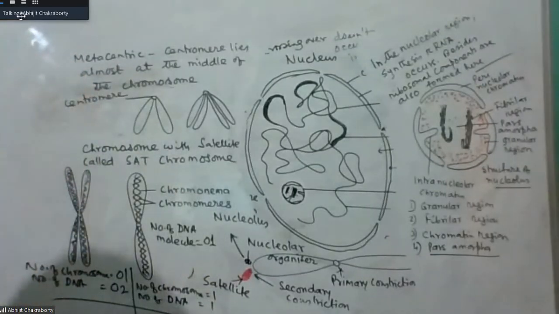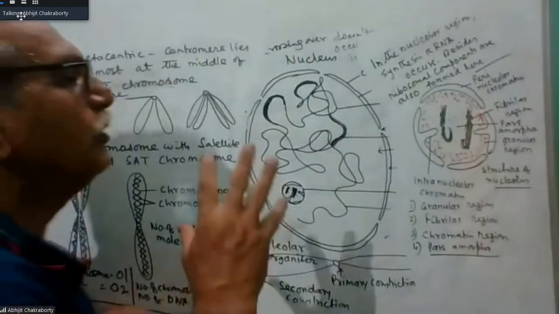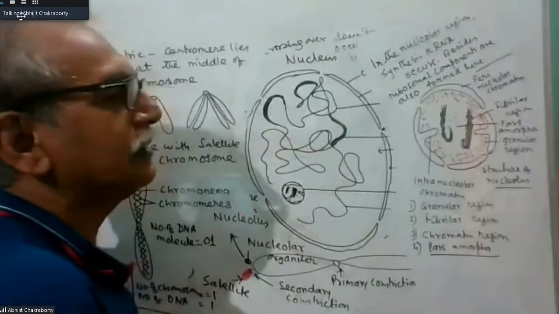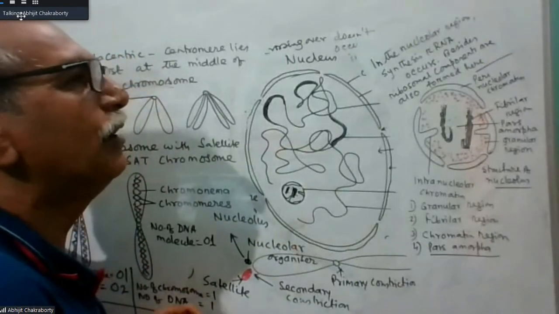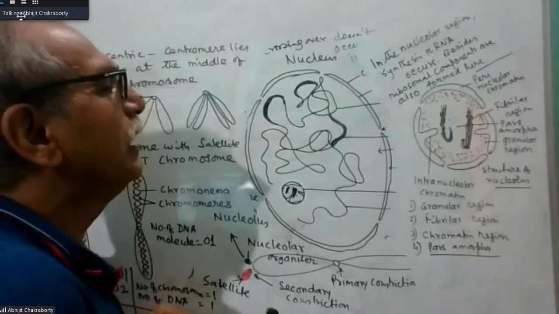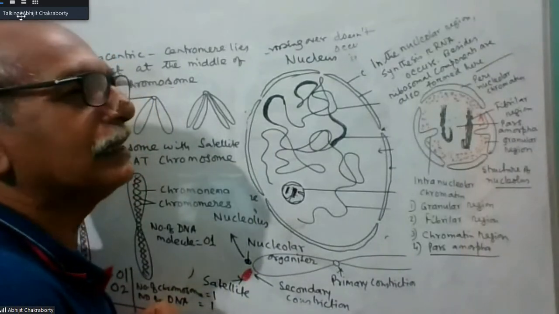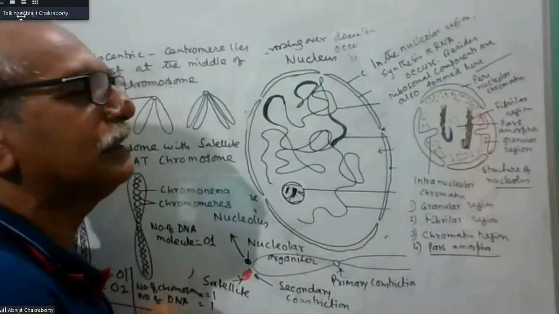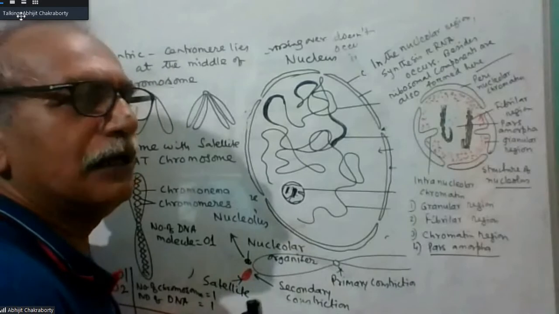Okay, so this is all about the nucleus. The nucleus plays an important role: it controls all activities going on inside the cell. Whatever reactions take place in the cell occur under the instruction of the chromosomes or genes present in the nucleus.